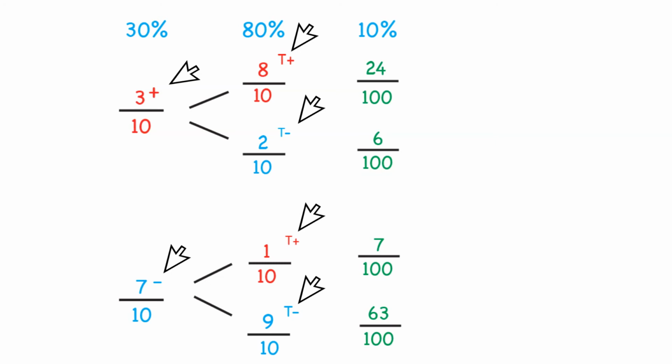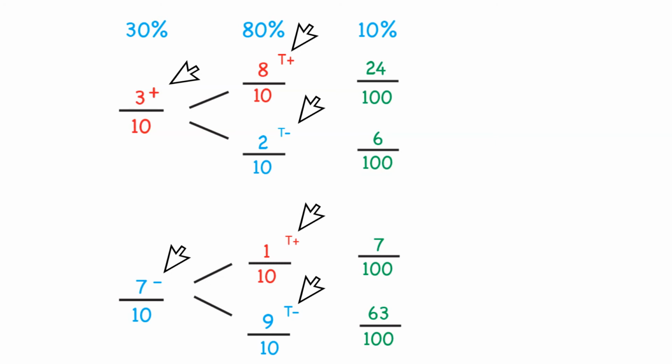I suppose another way of looking at this is kind of imagining 100 people is your total population and 30 of them have it. 24 test positive, 6 didn't. Another 70 don't have it, 7 test positive and 63 don't.